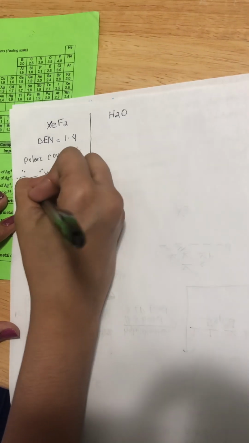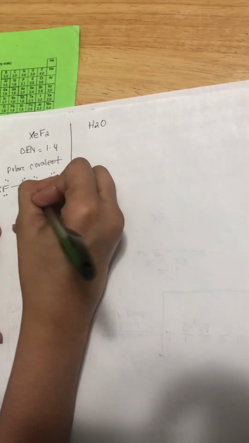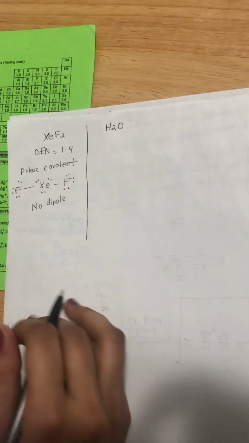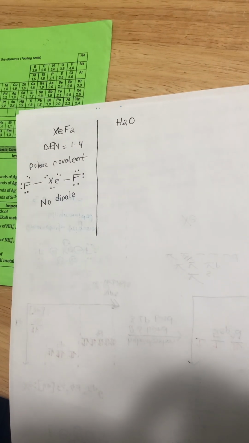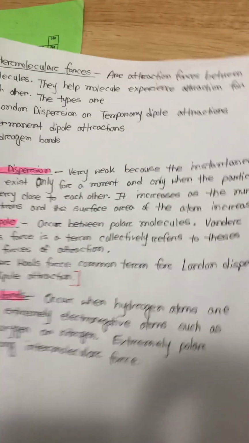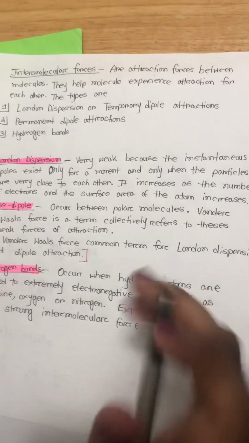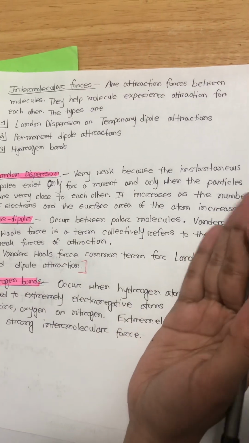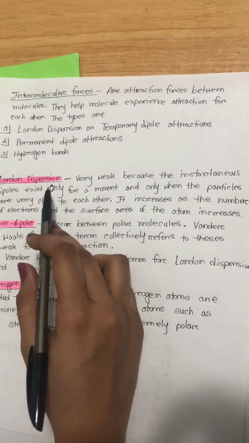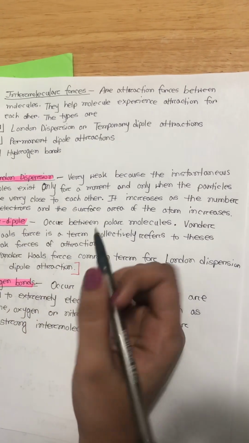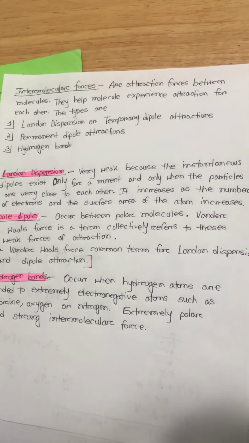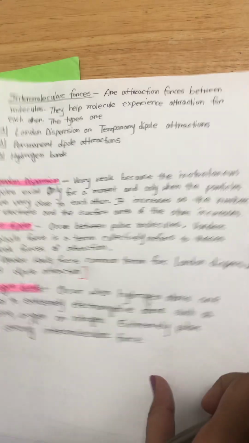And we already got that it has no dipole. From here, as we see, a molecule which has no dipole has only London dispersion force as intermolecular force, which is very weak.